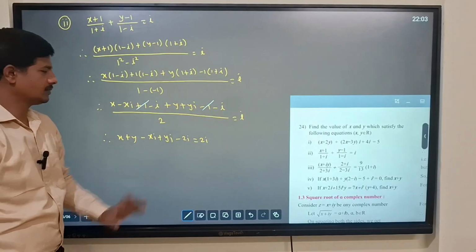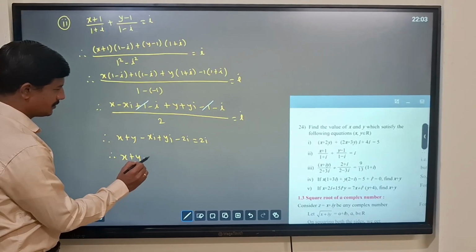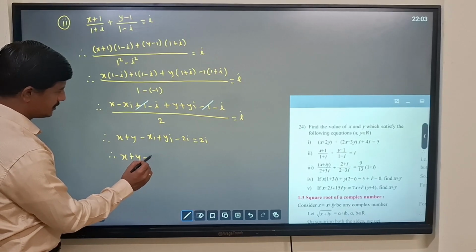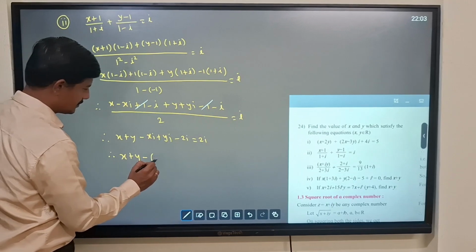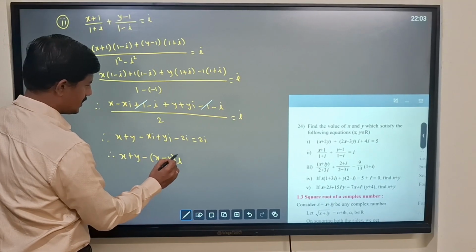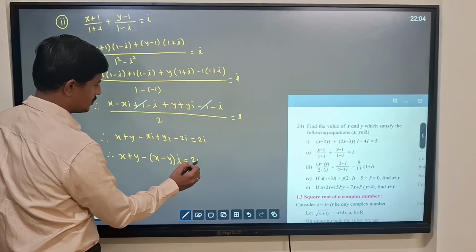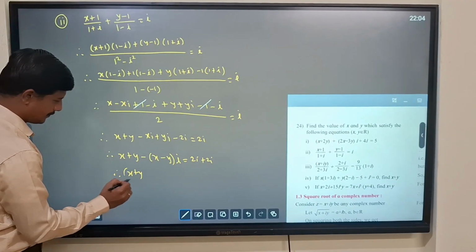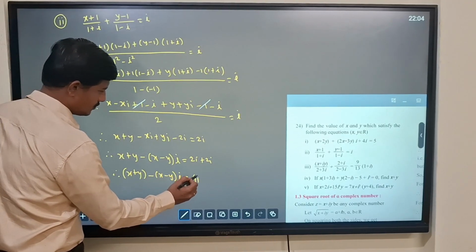This 2 gets multiplied with that, therefore this becomes x plus y minus, take minus as common, x minus yi equal to minus 2i. Go to that side and this becomes 2i plus 2i, that is x plus y minus x minus yi is equal to 4i.